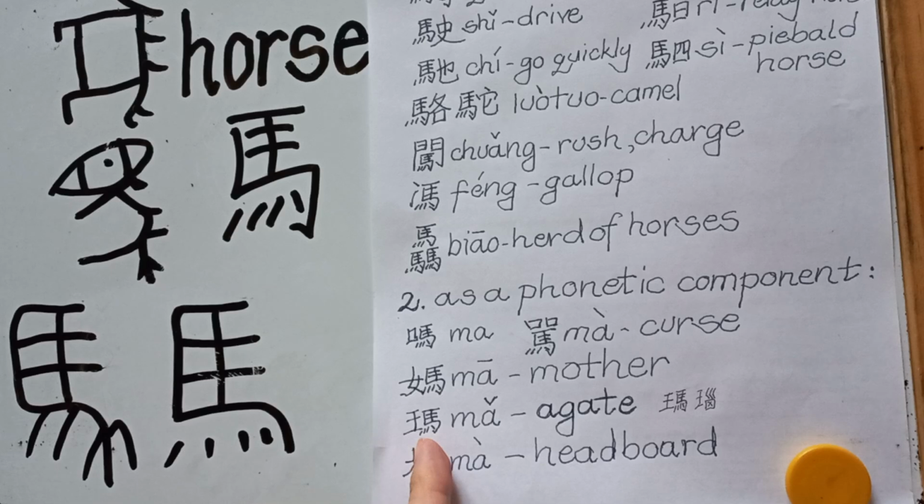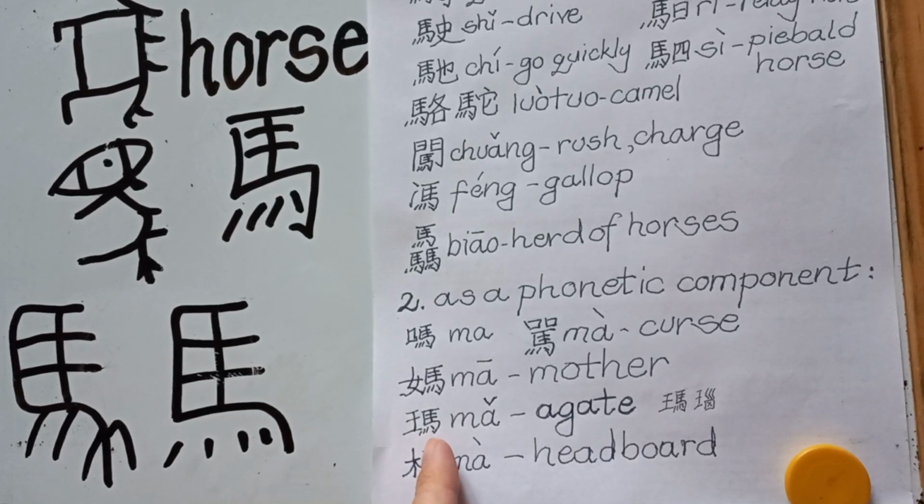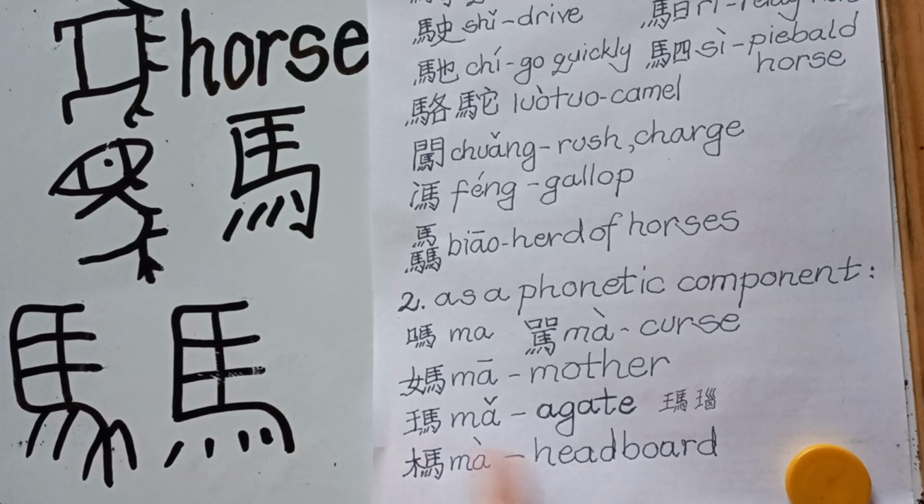Then we have another combination between Ma and yu. This here is the radical yu, meaning amber, and manao is an agate. Okay, ma.